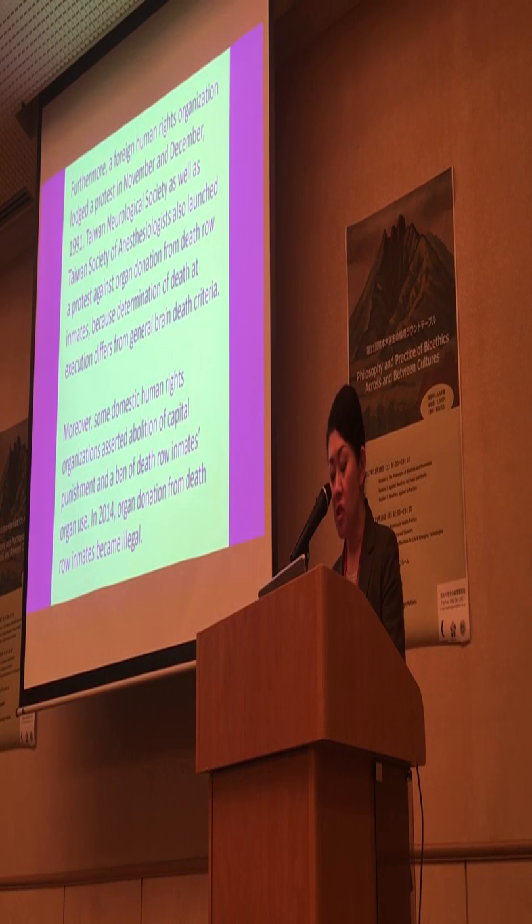The Taiwan Neurological Society as well as the Taiwan Society of Anesthesiologists also launched a protest against organ donation from death row inmates, because the determination of death at execution differs from general brain death criteria.